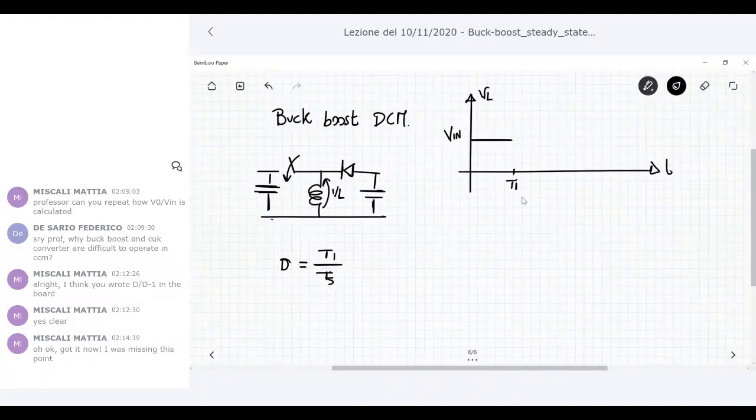Then we have T2, in which you get the switch open and the diode on. So VL is V0, and remember that it is negative. This happens during T2.